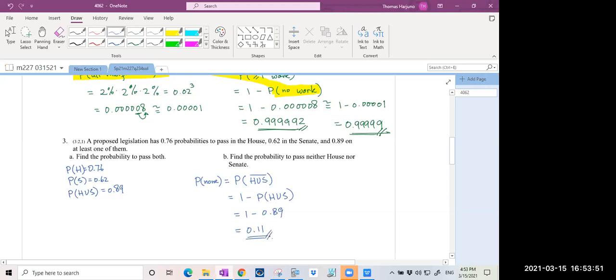So for this question, you can actually answer part B without doing part A. Of course, the concept is you need to know what it means to say neither House nor Senate. Neither one of them is the same as saying none. Now, the complement of none is at least one.